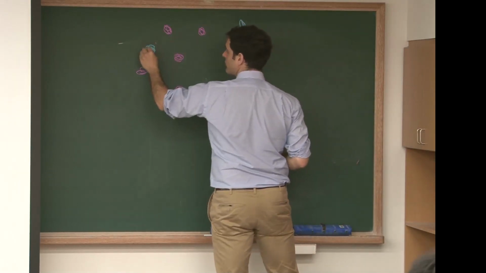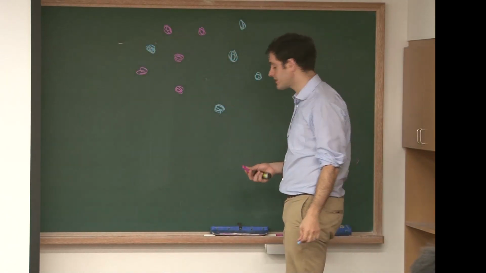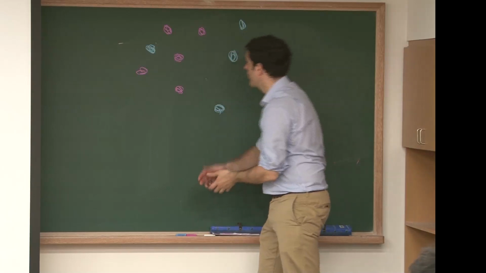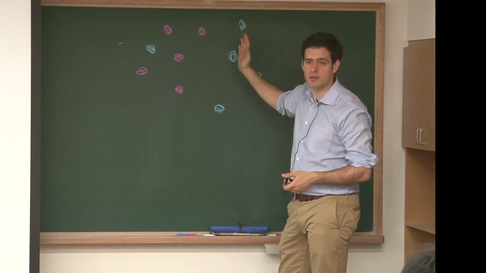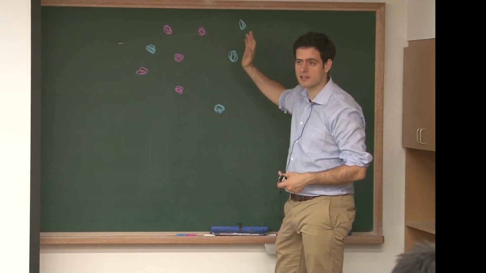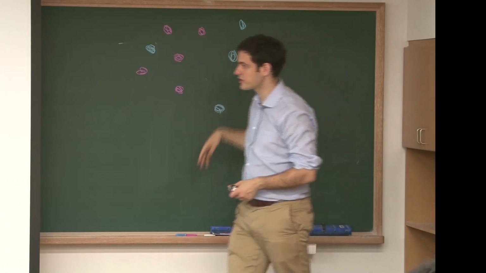But maybe there's one blue point that appears here. And in this case, there's no way you can actually find a line that will perfectly split your two sets of points, as red on one side and blue on the other side.